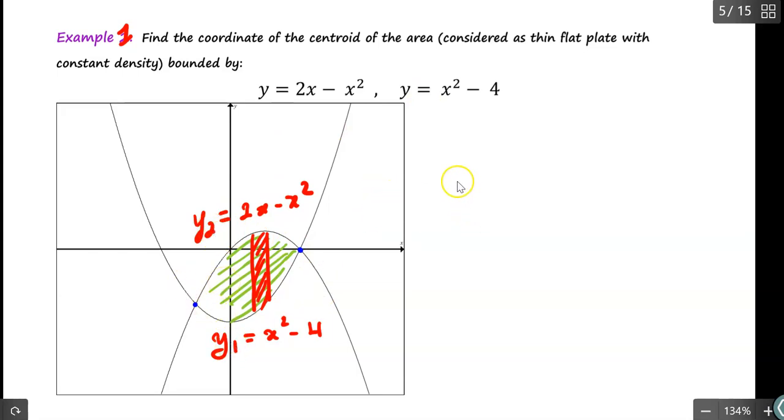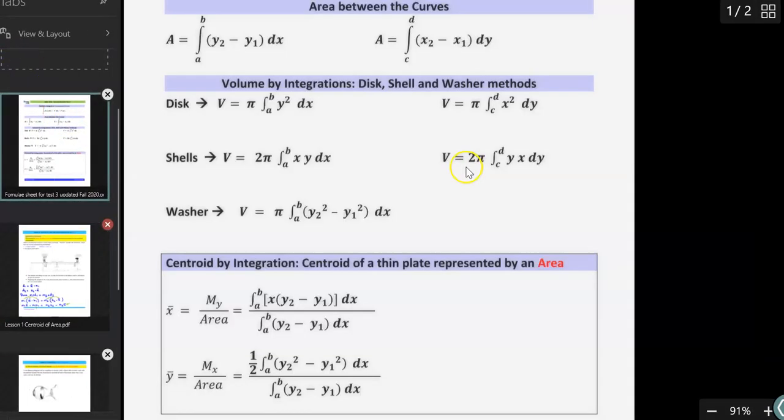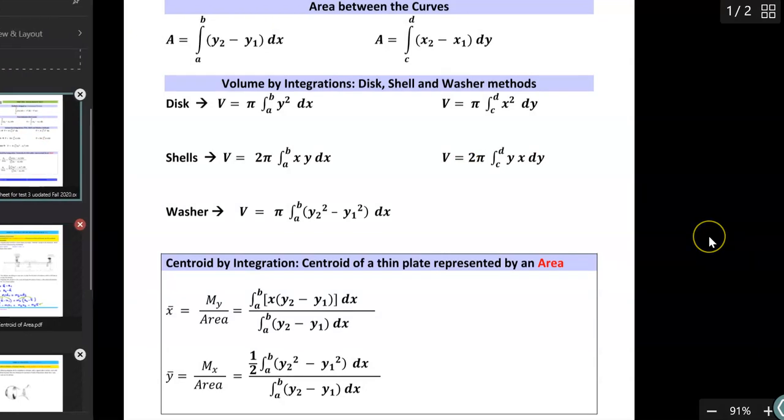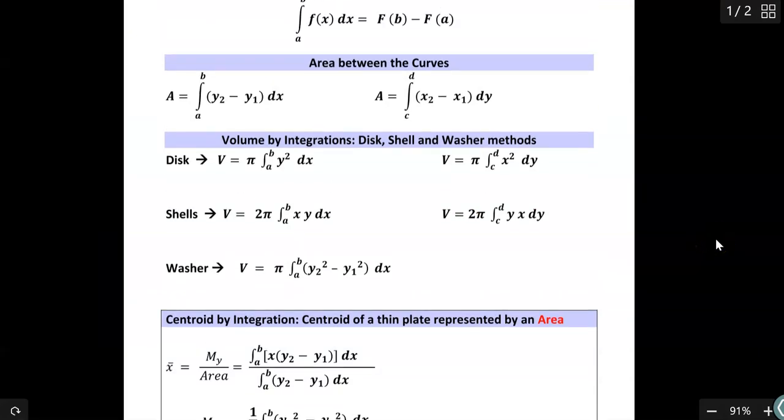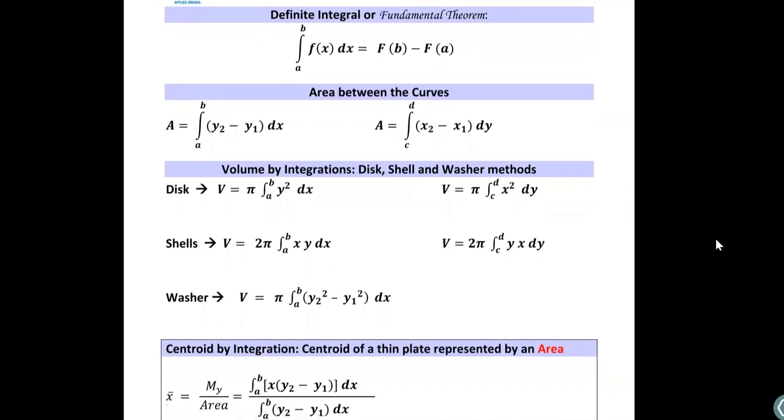Before I continue, I would like to show everyone that I have created a document summarizing everything for this particular unit. We have the definite integral, where we apply the fundamental theorem, and the area between the curves.